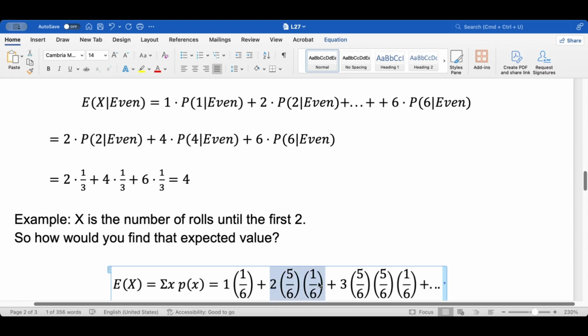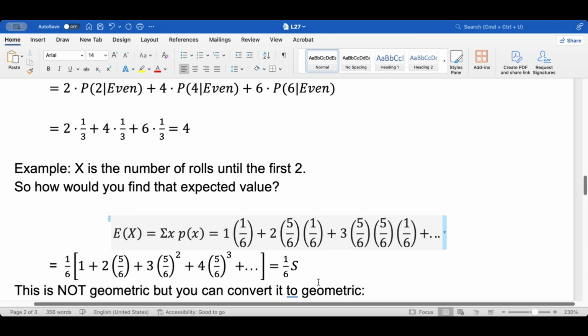It means that we need 2 trials. The first time we avoid getting the 2, so 5 out of 6, and then we get it, 1/6. Then the case of 3, taking 3 rolls, we'd have to miss on the first 2, 5 out of 6 apiece, and then get the 2 on the third roll, 1/6.